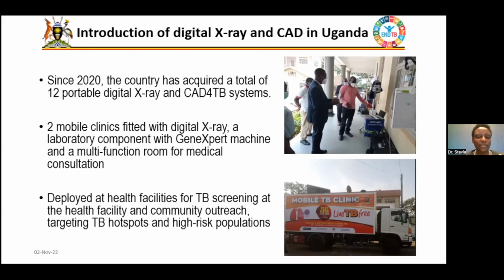We introduced digital X-ray systems in 2020, and since then we have acquired 12 of them with CAD, including an additional 2 mobile clinics, which were fitted with the X-ray, CAD and GeneXpert machine. They are deployed at health facilities for TB screening, and we also conduct outreaches in hotspots.